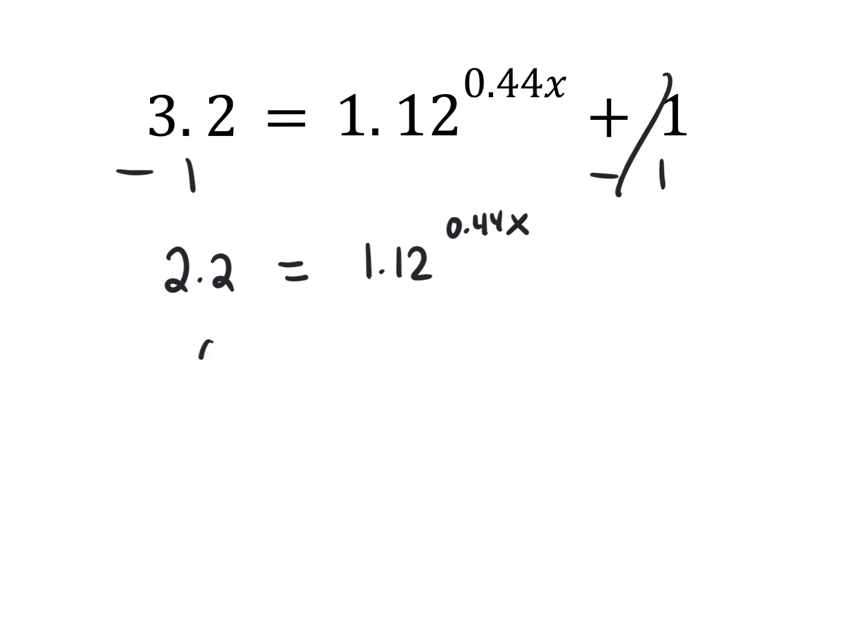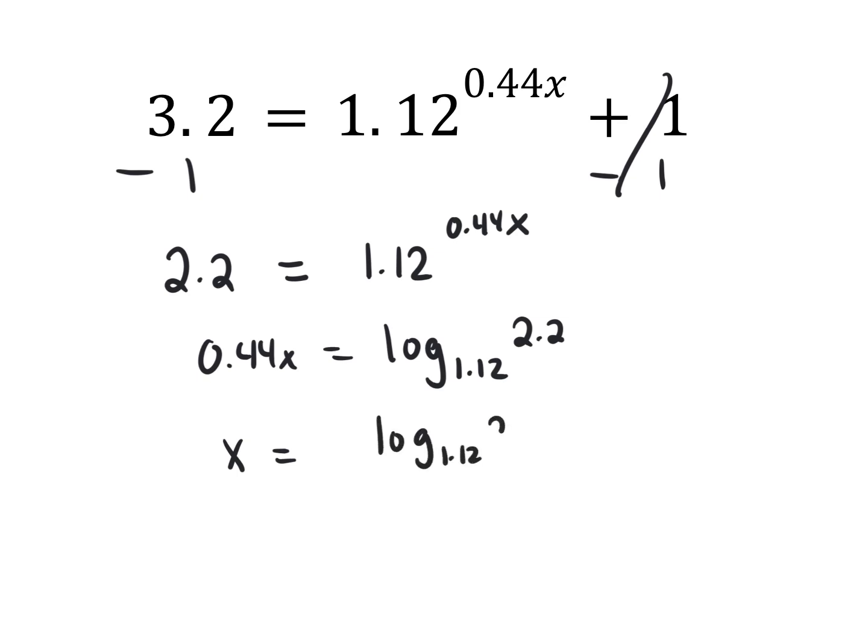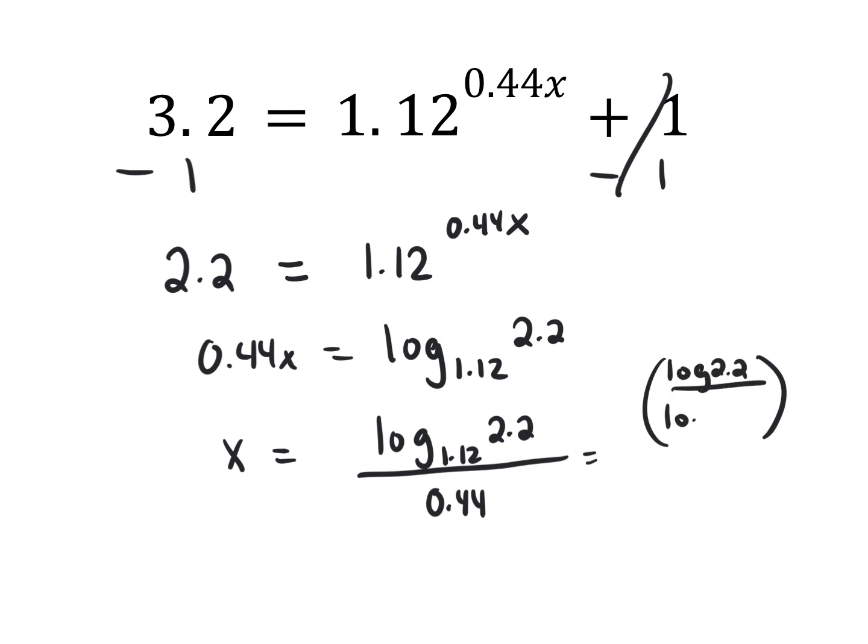So I'll switch it to log. The exponent equals the log. Logs are exponents, so it's log base 1.12 of 2.2. There's nothing to say bases can't be decimals. They can't be negative, but they could be decimals, they could be small, whatever. Then I divide out, so 0.44x equals log base 1.12 of 2.2, so x is that divided by 0.44.